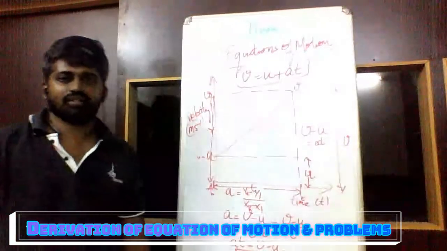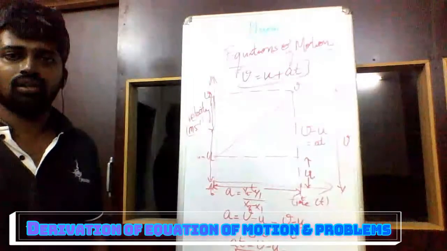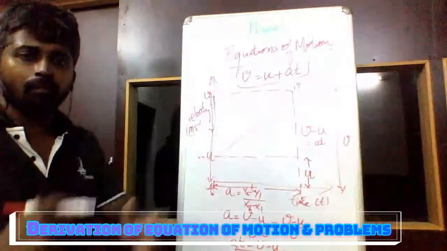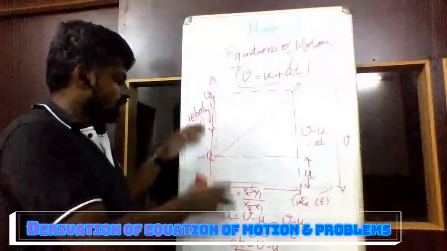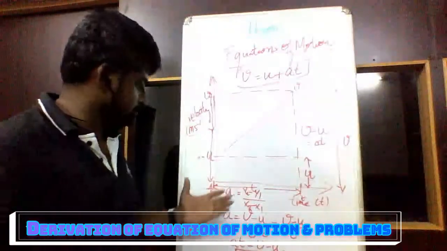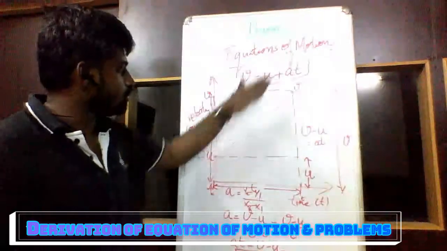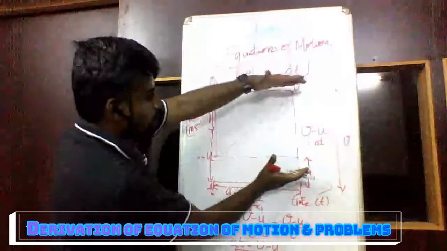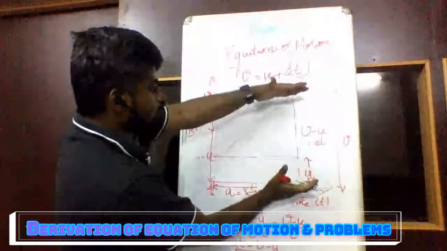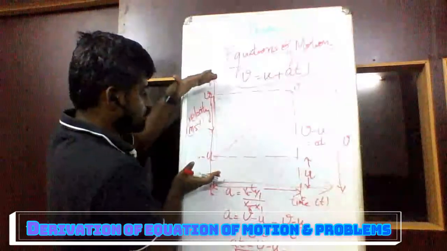This is a simple equation. We can do it very fast. Maybe at the end of the class I will do it very fast, you can follow it. That's simple. Acceleration is the slope of the curve. What is the slope of the curve? y divided by x. What is y? v minus u.